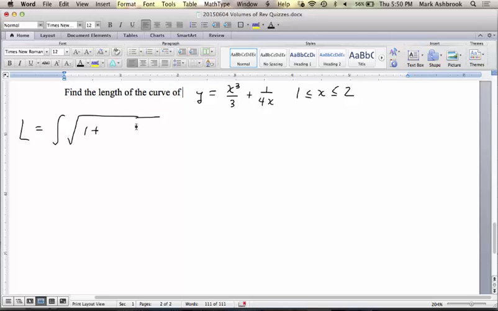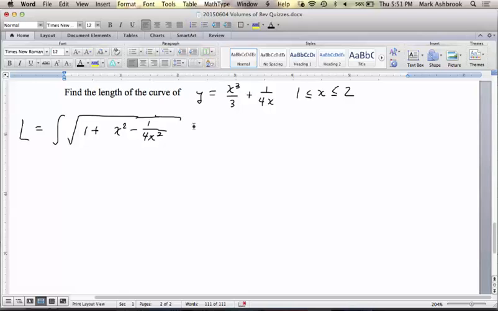The derivative of y is x squared plus 1 over 4, minus 1 over y to the 2, okay.